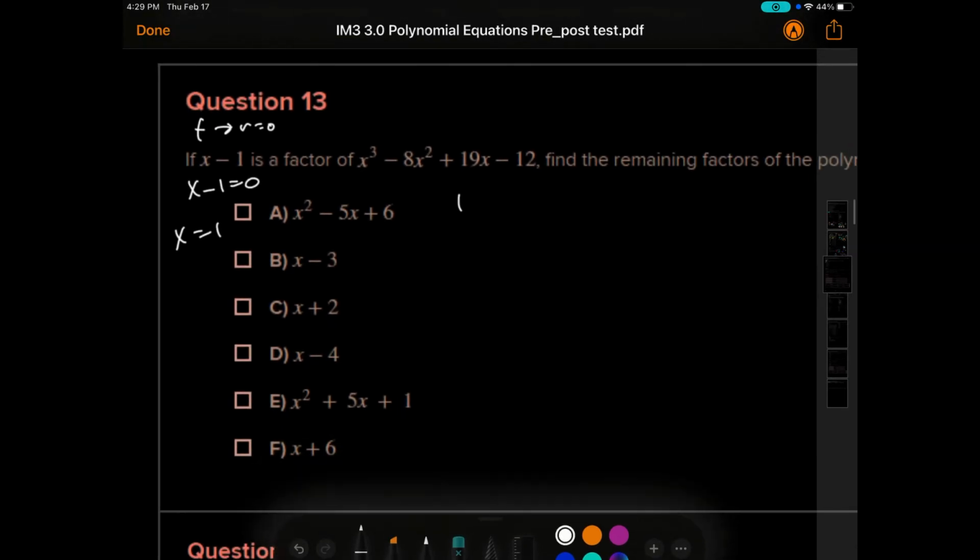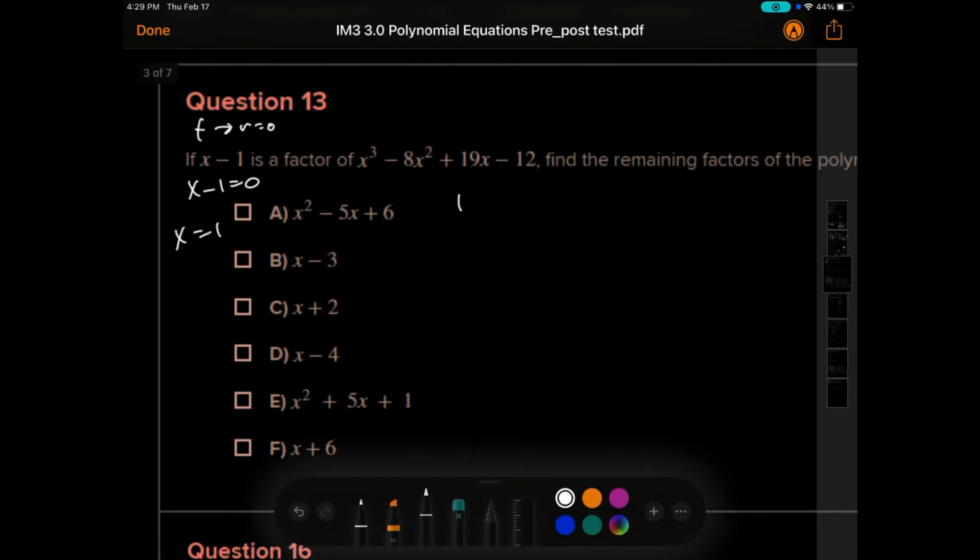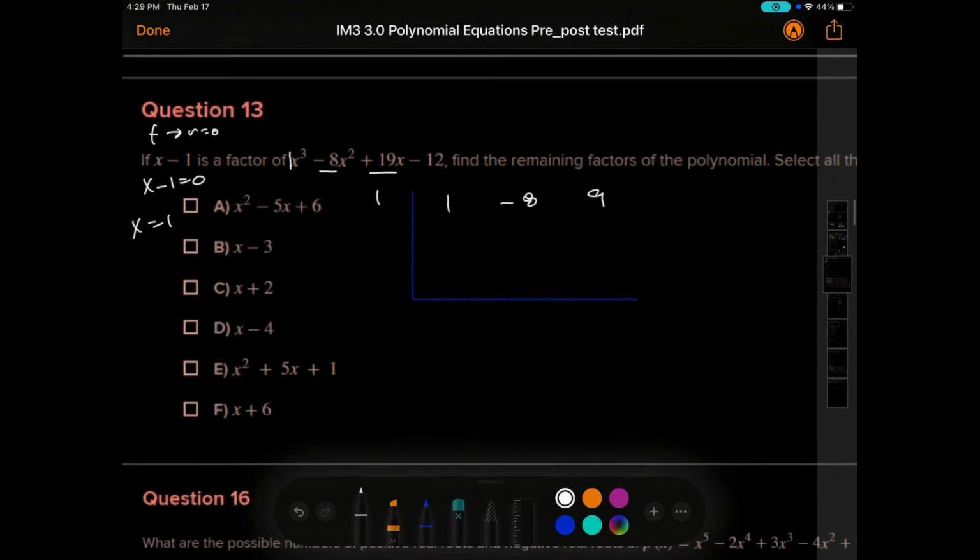And what I do with this 1 here is I'm going to go ahead and just use synthetic division, and then I'm going to write my coefficients: 1, negative 8, 19, and negative 12.